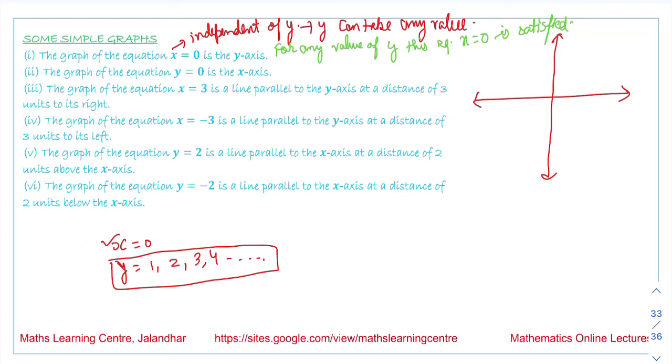If we write (0, 0), it satisfies this equation. If we write (0, 1), it satisfies this equation. (0, 2), (0, 3), they satisfy this equation. So if we plot these points on the coordinate plane, we have (0, 0), (0, 1), (0, 2), (0, 3), (0, -1), (0, -2).